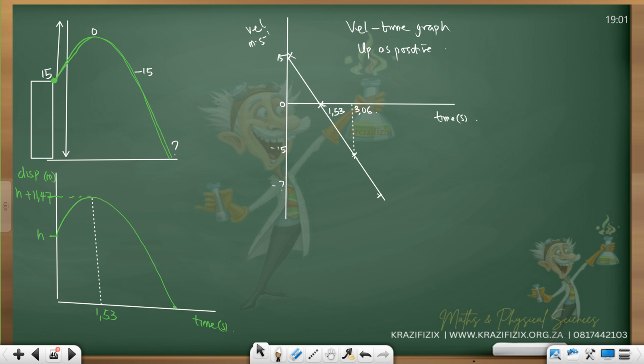Once you are done drawing this, please draw the acceleration time graph for me. Draw the acceleration time graph. Displacement, time. All right. Acceleration time graph, what will it be?